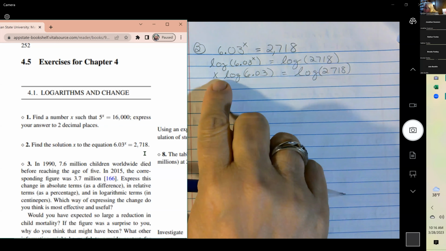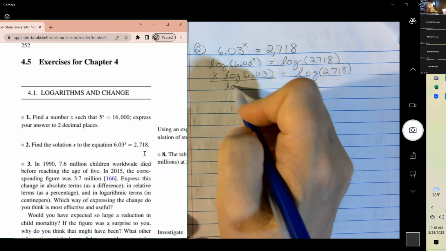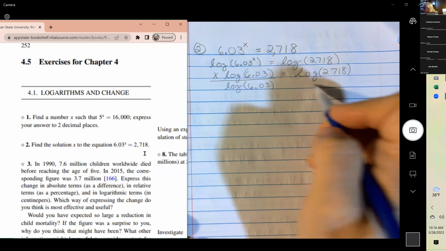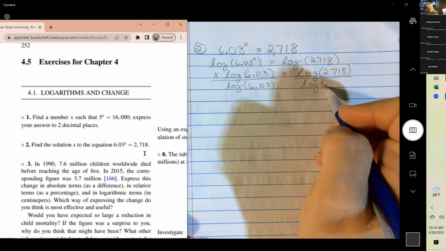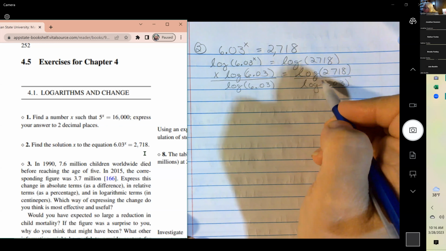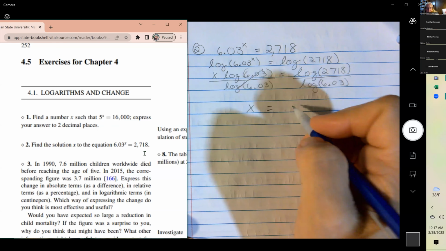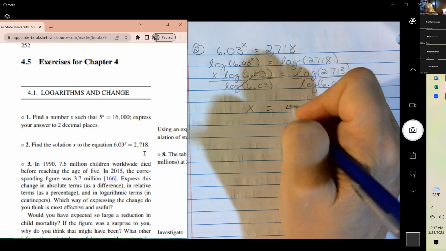This is being multiplied, so divide by it to get rid of it. We're getting 4.40.